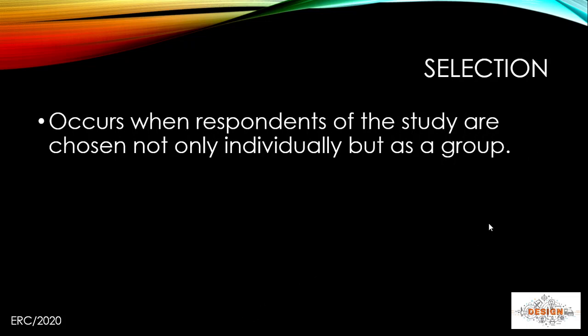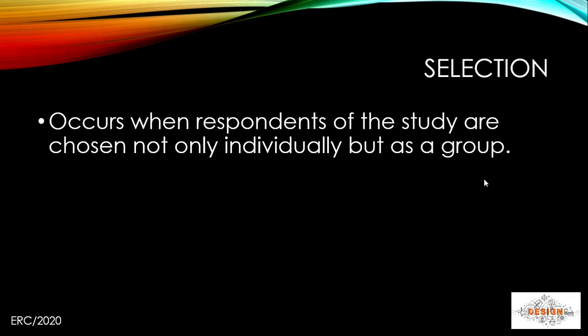Okay, next, we have selection. Occurs when respondents of the study are chosen not only individually but as a group. So, basically, it is on the respondents or the populations or the group being treated or serving as the respondents.